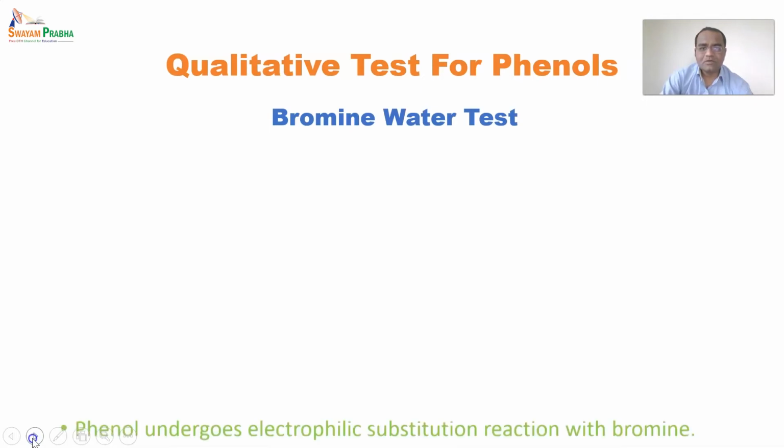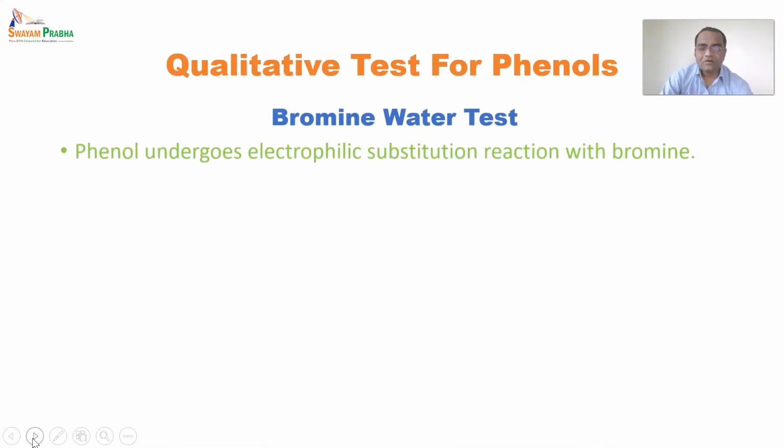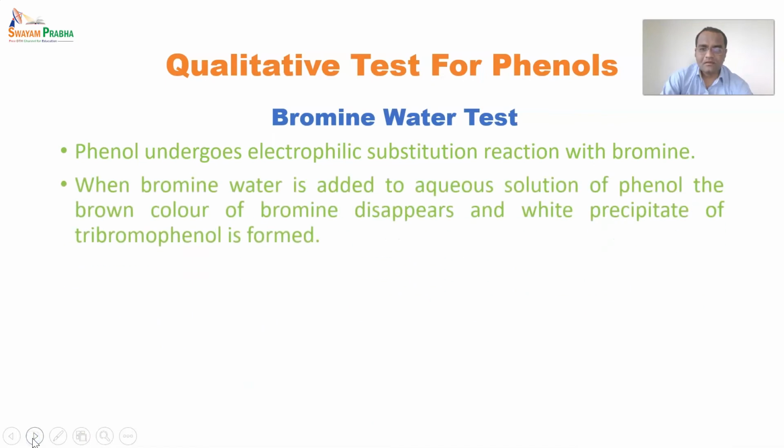Next is the bromine water test. Phenol undergoes an electrophilic substitution reaction with bromine. When bromine water is added to an aqueous solution of phenol, the brown color of bromine disappears and a white precipitate of tribromophenol is formed.